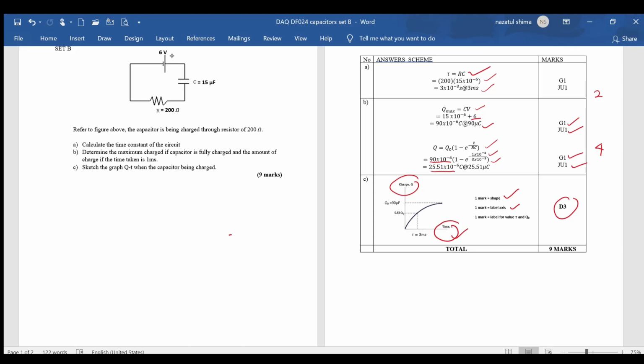And 1 mark for label for value tau and Q naught. So tau 3 millisecond and the Q naught is a 90 microcoulomb. Okay, so the total mark is 3. So for A, B and C, total mark for this question is 9 marks.